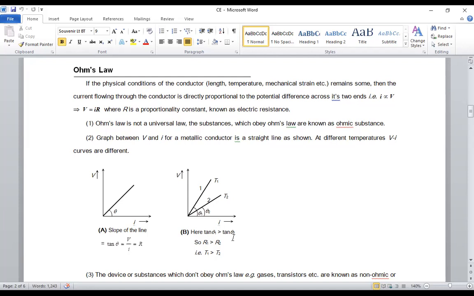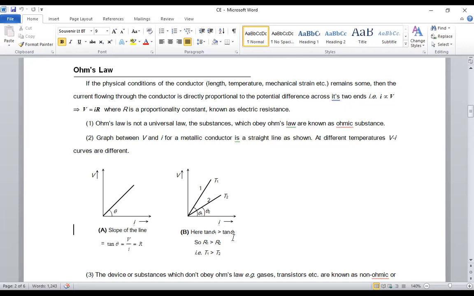Okay, and one thing you have to understand: Ohm's law is not a universal law, since you have two types of devices, ohmic devices and non-ohmic devices. Ohmic devices obey Ohm's law. Non-ohmic devices do not obey Ohm's law.